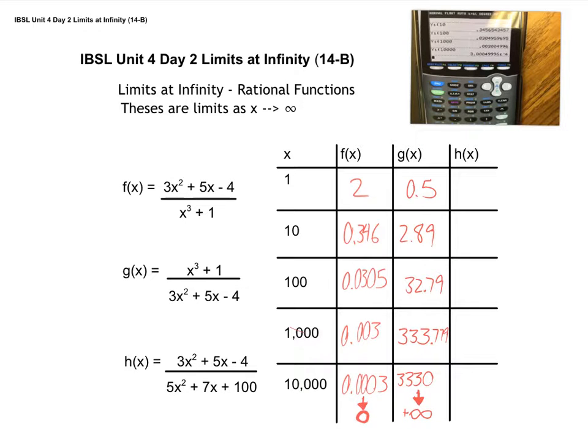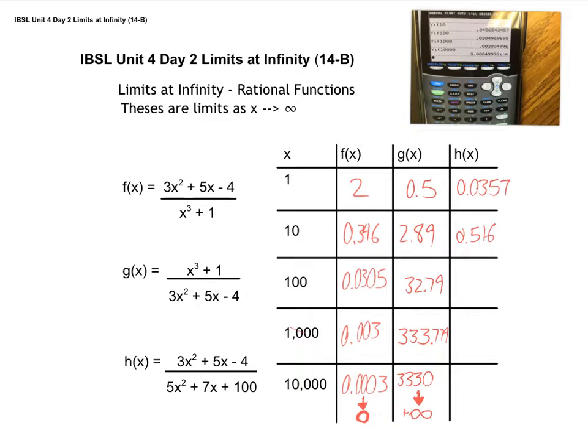All right? So now, back row with h of x. What do you get when you plug in 1? 0.0357. Is that right? Yeah. 0.0357. Okay. Next one. 0.516.